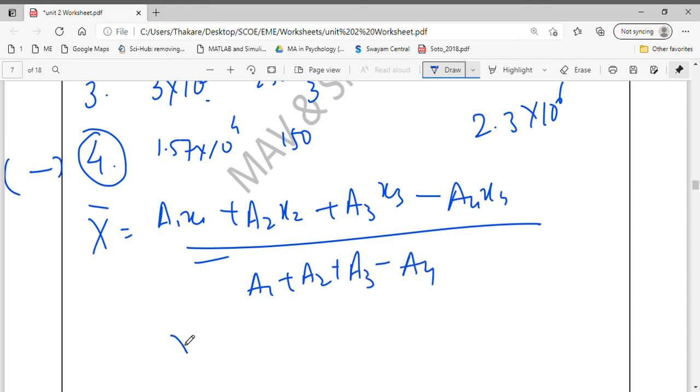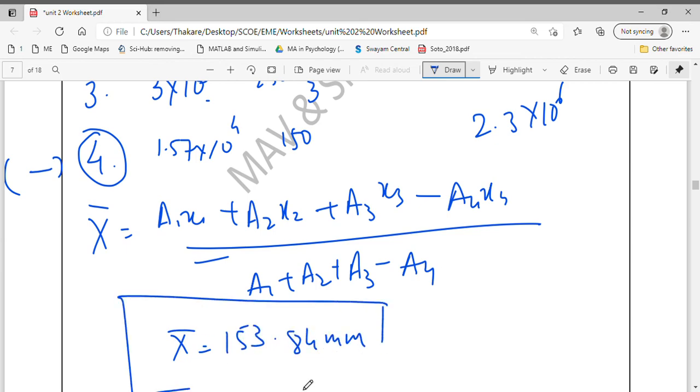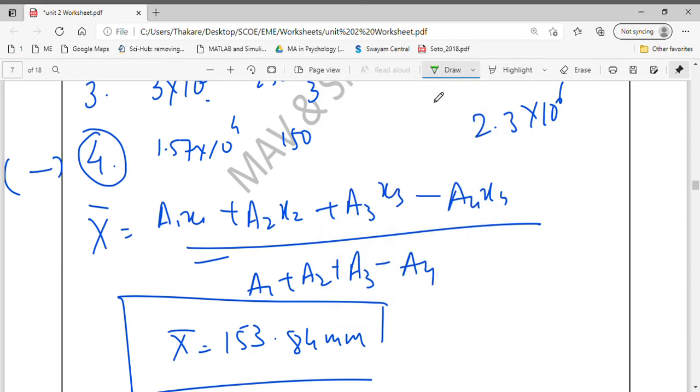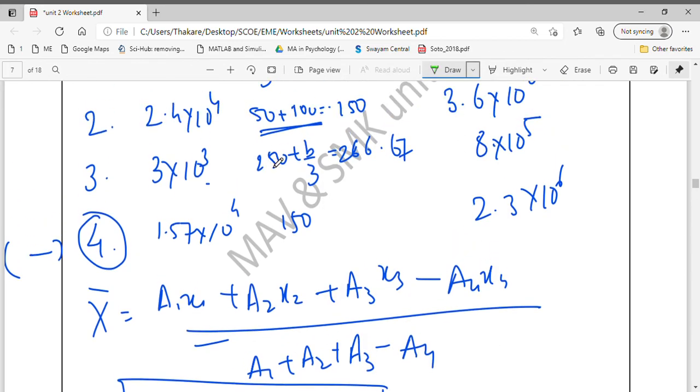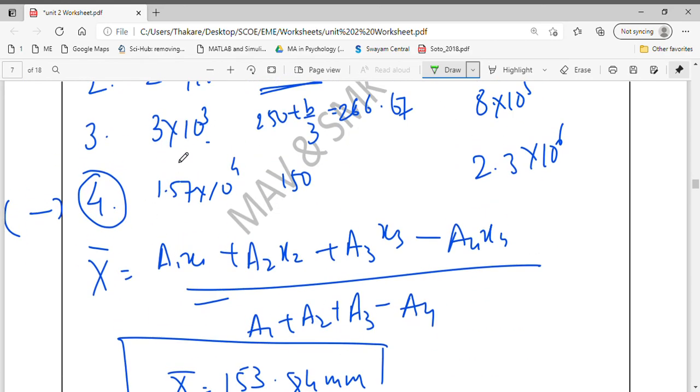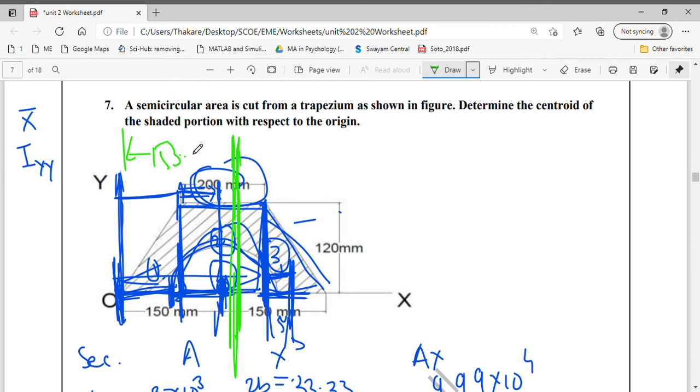So your x bar comes out to be 153.84 mm. That means the vertical centroidal axis, x bar, is your distance from y axis. So your vertical centroidal axis will lie at 153.84 mm from this point.